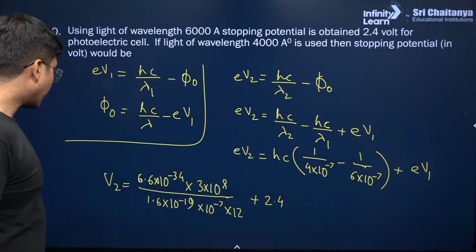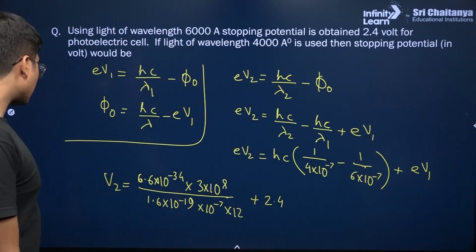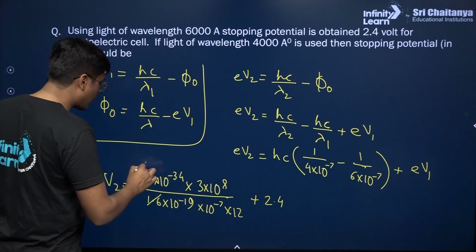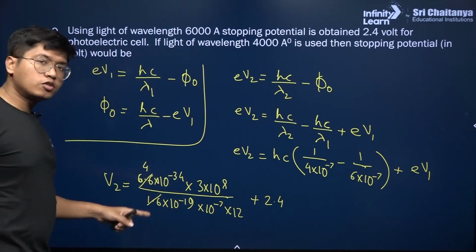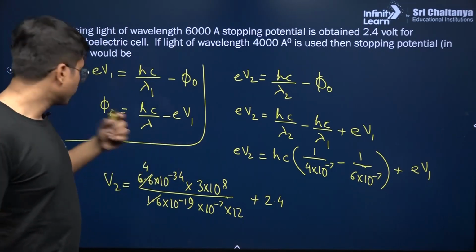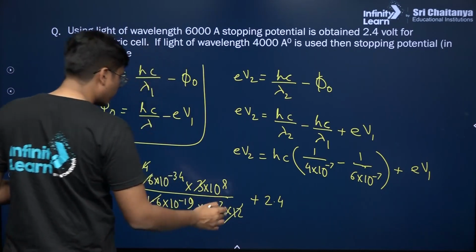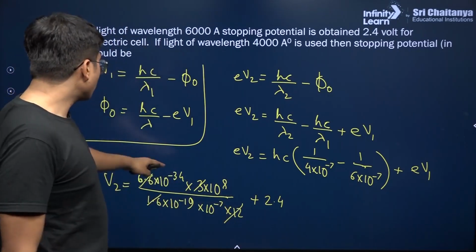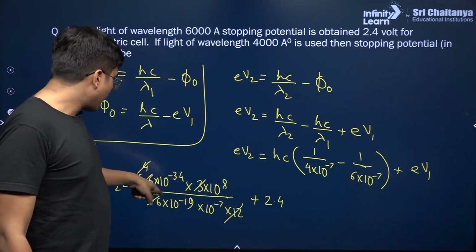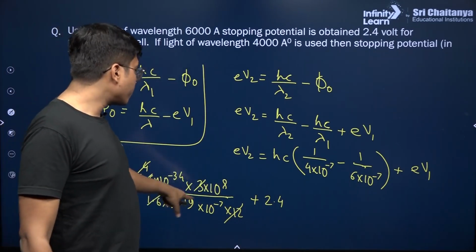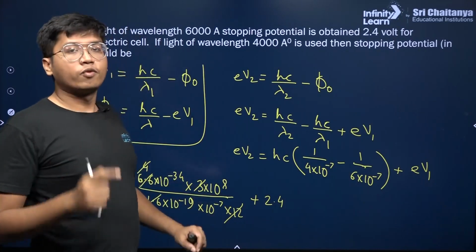Now over here we can simplify things a little bit. So 6.6 and 1.6 you can take off as 4, because 1.6 into 4 would take you to 6.4, and once you do that, 4 and 3 you can take off with 12. So you have 10 to the power minus 34, and the positive powers would be 8 plus 19, that is 27. 27 plus another 7 would make it 34.